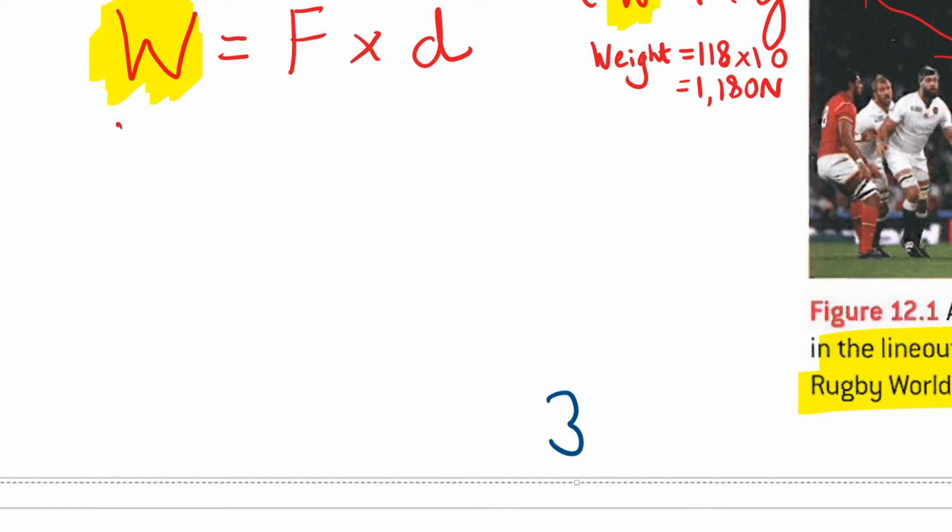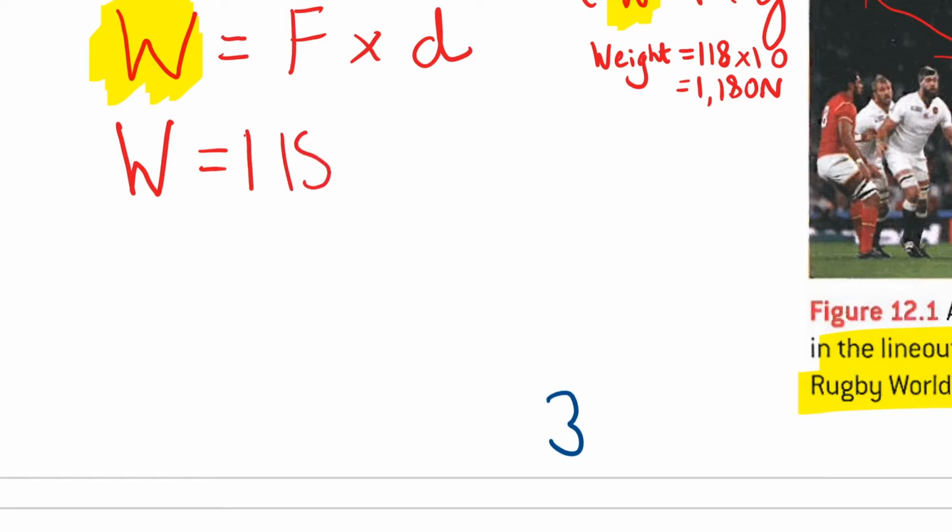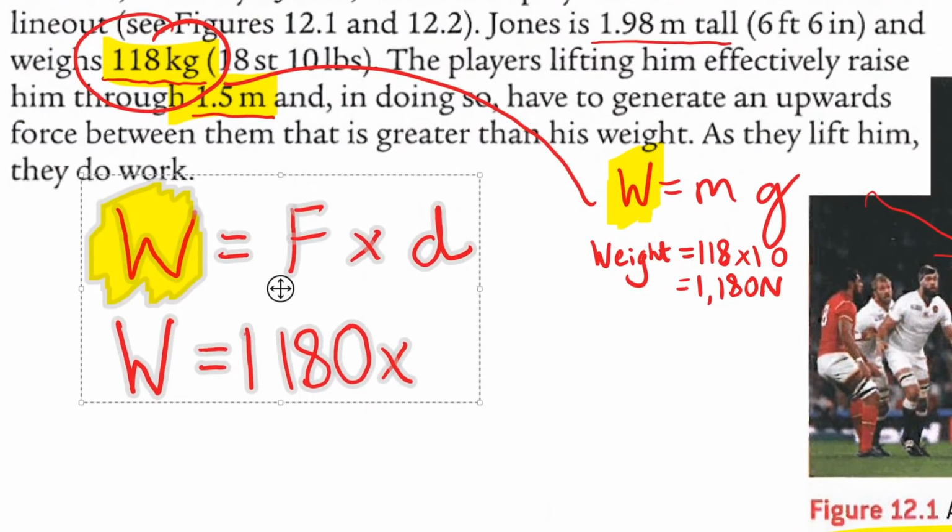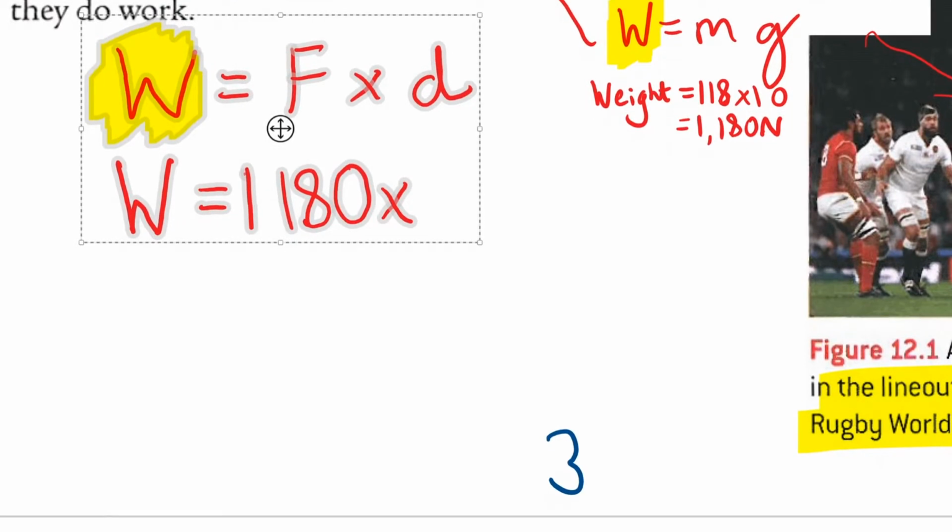To work out the work done, or energy transferred in picking him off the ground, or lifting him, I should say, off the ground, we multiply the force required by the distance he was lifted, and that's 1.5 meters.